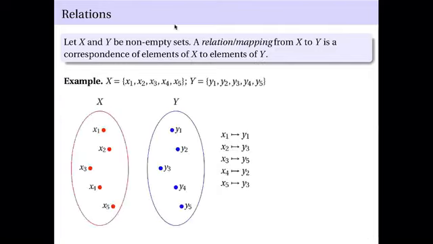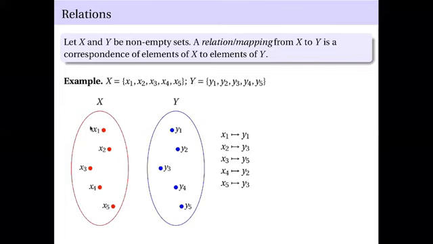So for example, let us consider these two non-empty sets. Capital X has elements small x sub 1, x sub 2, x sub 3, x sub 4, x sub 5. And then we have capital Y, and the elements of capital Y are y sub 1, y sub 2, y sub 3, y sub 4, and y sub 5.